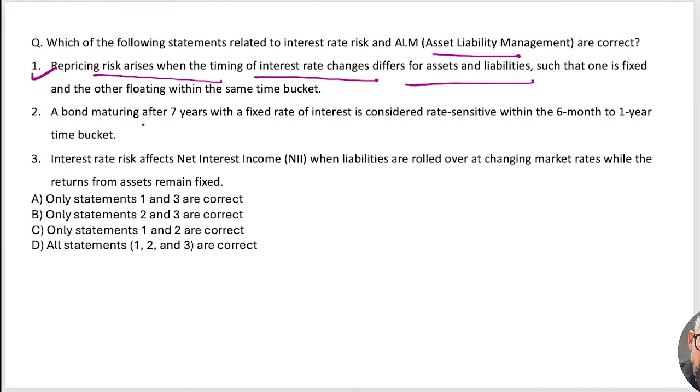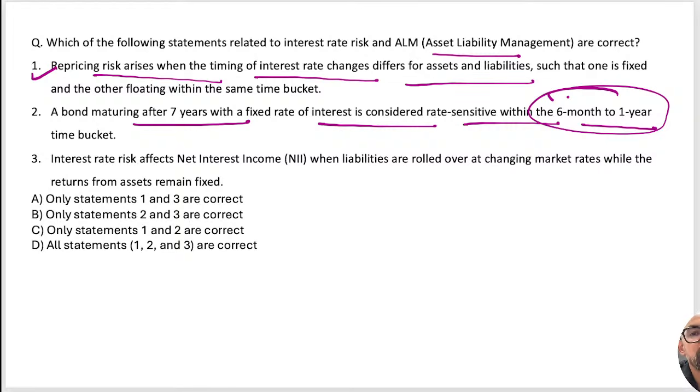A bond maturing after 7 years with a fixed rate of interest is considered rate sensitive within a 6 month to 1 year time bucket. In this time bucket it will not be sensitive, because it is less volatile.